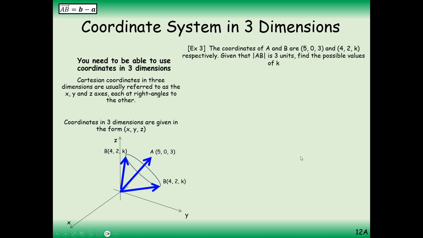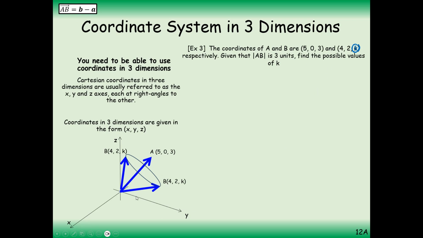Now, in this third example, we've been given the coordinates of A, but the coordinates of B have one of their components missing. The question has labeled it k, and it has told us that the length of vector A to B is 3 units.